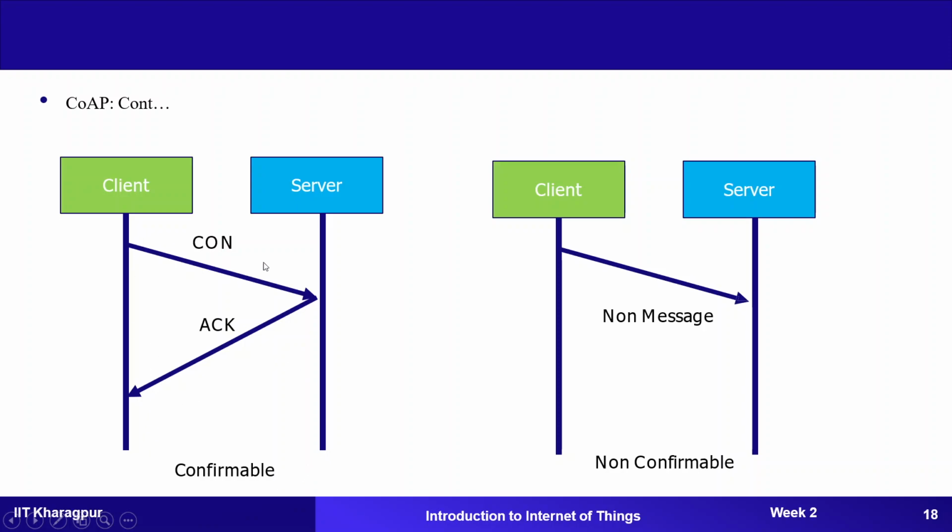Whenever a connection is established between your client and server, or between two IoT devices, you are going to get acknowledgement for that connection. However, in case of non-confirmable messages, you are not going to get any kind of confirmation or acknowledgement from your server.